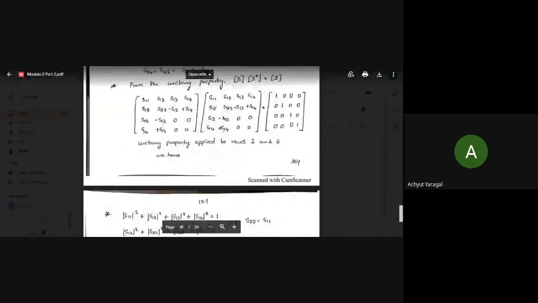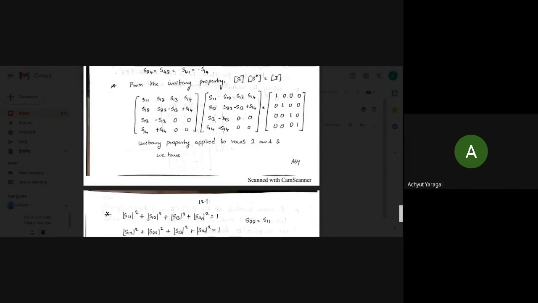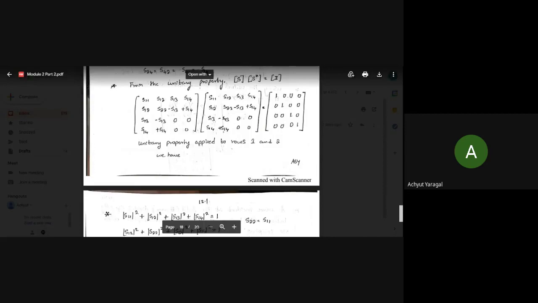Row 3 of the first matrix is multiplied with column 3 of the second matrix, and row 4 with column 4 of the second matrix. If we multiply, we get S13 and S14 equal to 1 by root 2.